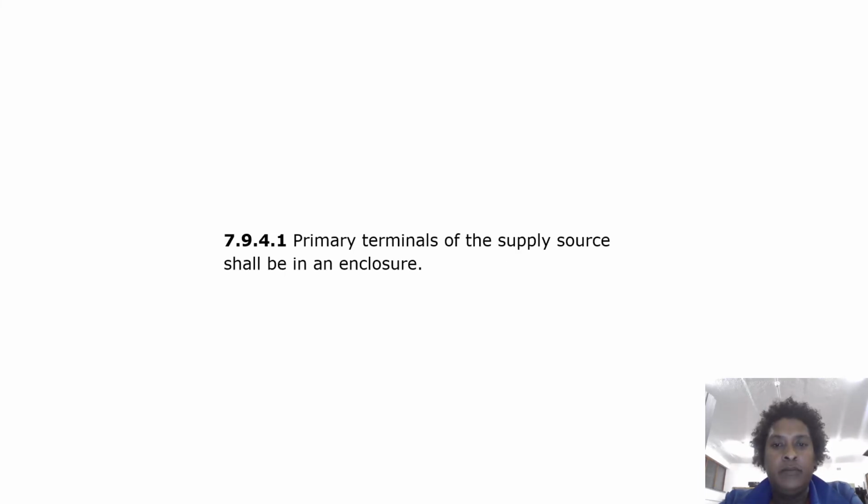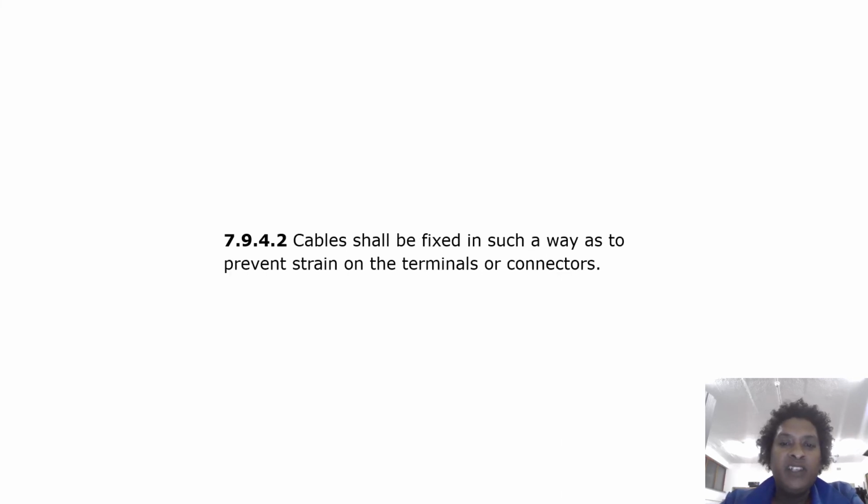Position of components. Primary terminals of the supply source shall be in an enclosure. Cables shall be fixed in such a way as to prevent strain on the terminals or connectors. Any SELV sources with a mass of more than 1 kg shall be fixed.